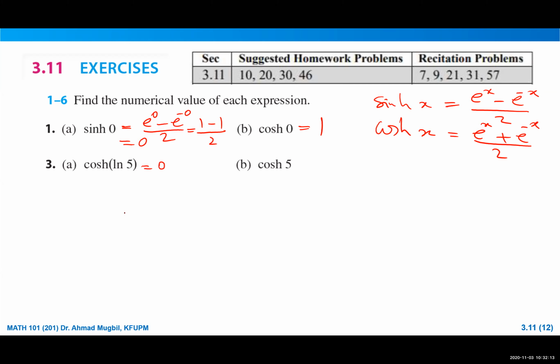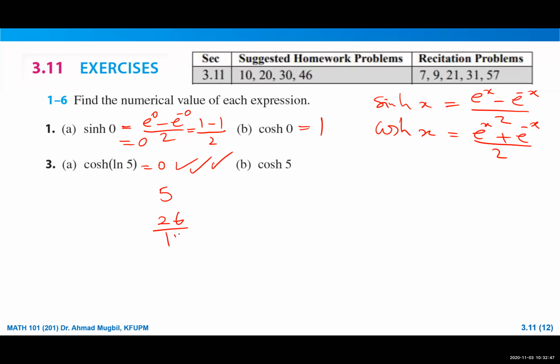Excellent. Who else? Who has another answer? If you are okay with 0, ya shabab, say 0, no problem. Some said 0, some said 5, and some said 26 over 10.